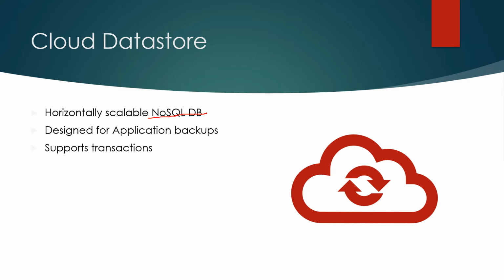Now, Bigtable has support for wider columns. Apart from that, in Cloud Datastore, you can have transactions on each of the update or modify operations. Cloud Datastore is also more suitable when you are dealing with backups.